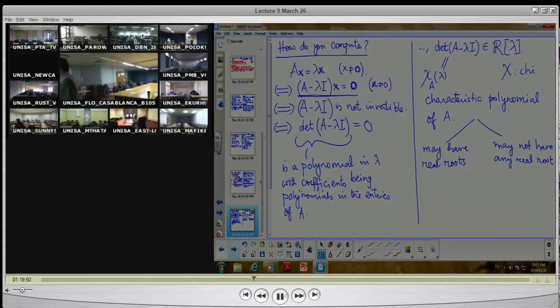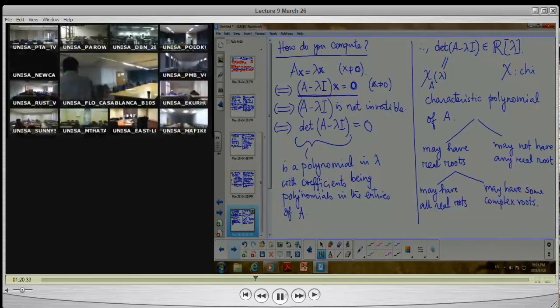Over here there are also two more further cases. It may have all real roots, or it may have some. But the cases go on.